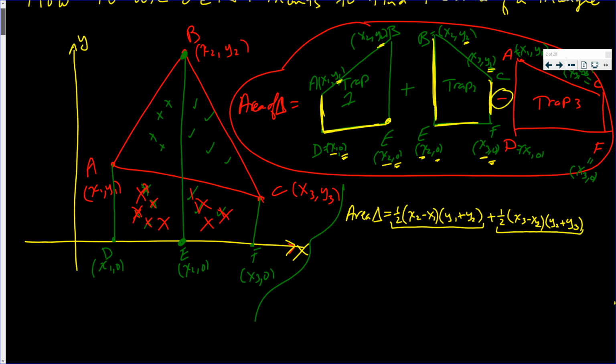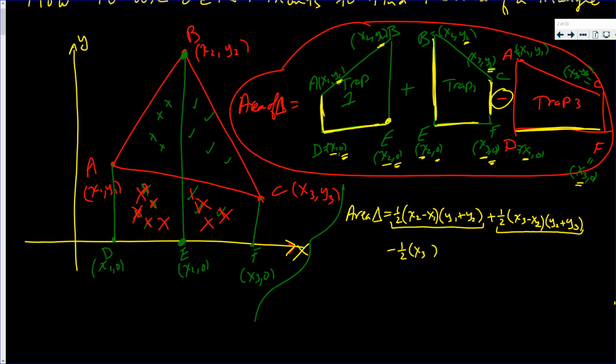And we're supposed to take away the area of trapezoid 3, which is 1/2 times the base. Well, this is the base. It goes from x1 to x3. So the length of that base is x3 minus x1.